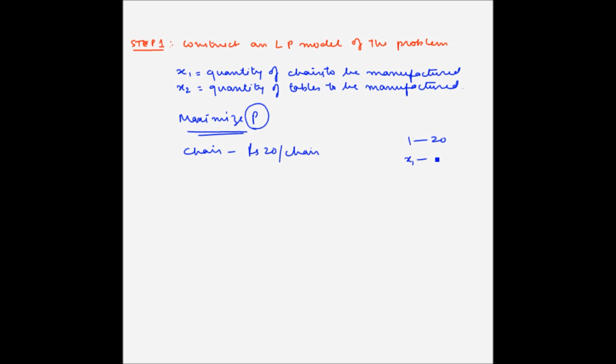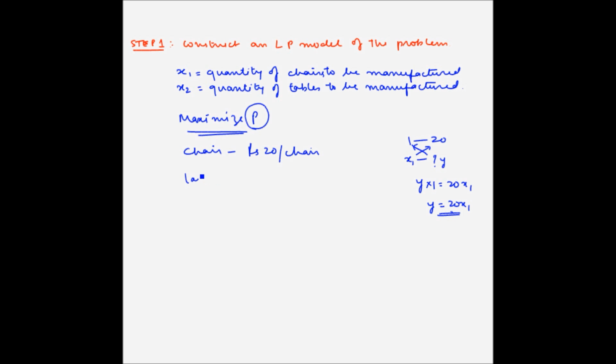So for X1, how much will be the total profit? Cross multiplication here, let's say this is Y. So Y into 1 is equal to 20x1, or Y is equal to 20x1. So this is the total profit gained by selling X1 number of chairs.